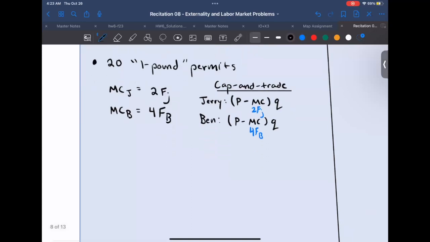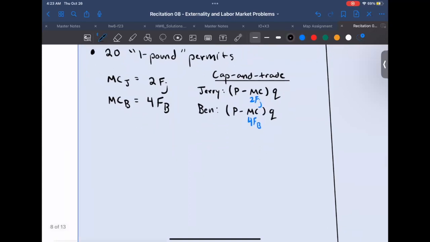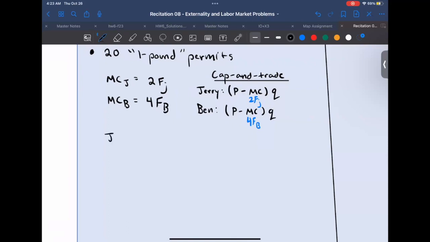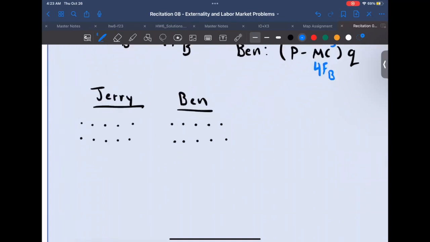So if right now Jerry has 10 permits, 1, 2, 3, 4, 5, 1, 2, 3, 4, 5, and then Ben has 10 permits, 1, 2, 3, 4, 5, 1, 2, 3, 4, 5, Jerry is going to value catching an 11th pound of fish more than Ben is going to value catching his 10th pound of fish.